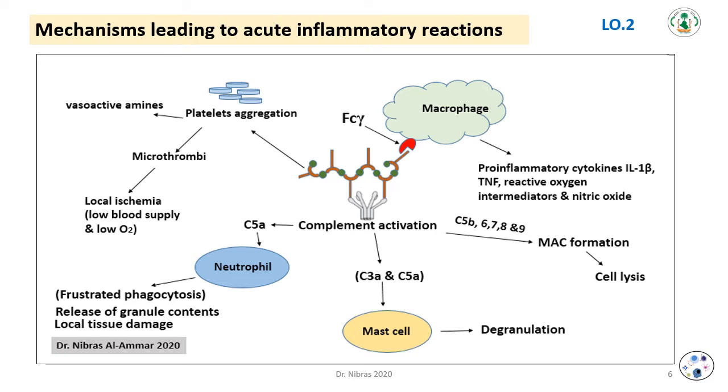It's just like an opsonin, binding in that case with the Fc gamma receptor of the macrophage, leading to pro-inflammatory cytokines, interleukin-1 beta, tumor necrosis factor, reactive oxygen intermediates, and nitric oxide. In that case, it increases the killing capacity of the macrophage.